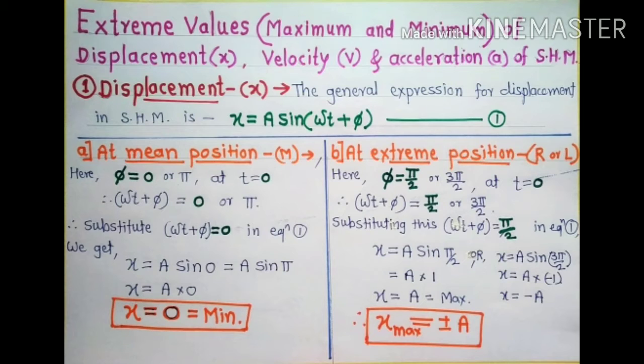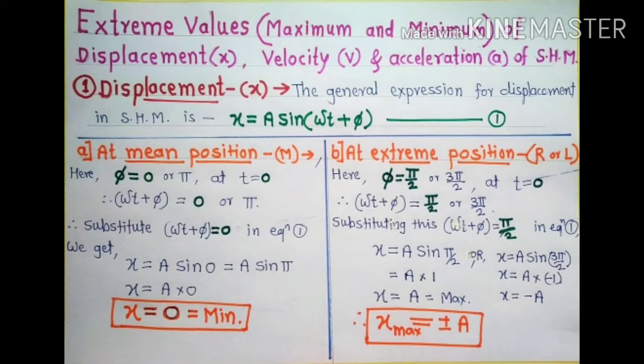From this equation of displacement x, the values of displacement, velocity and acceleration are maximum or minimum at either the mean position or the extreme position, and therefore from this general expression we obtain the values at mean position and at extreme position. First we consider the mean position.